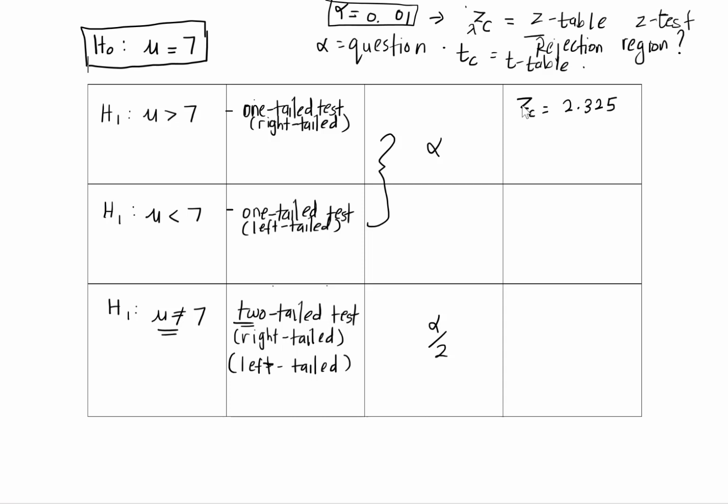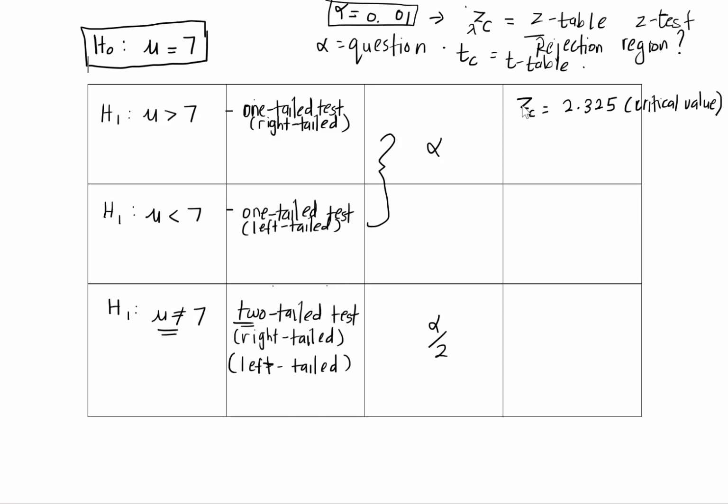So now we already have our critical value ZC. What is the critical region? The definition of the critical value is the value that separates the critical region and the non-critical region.